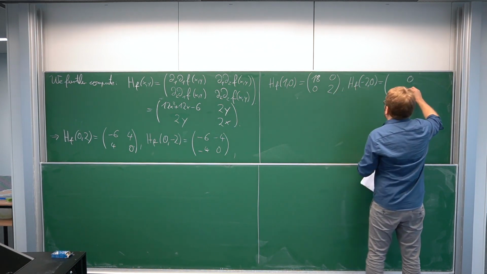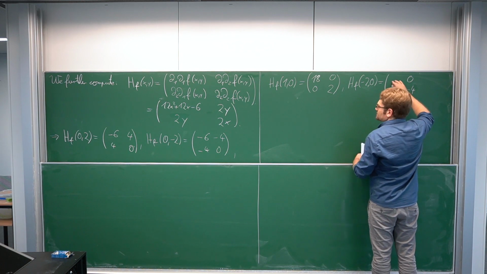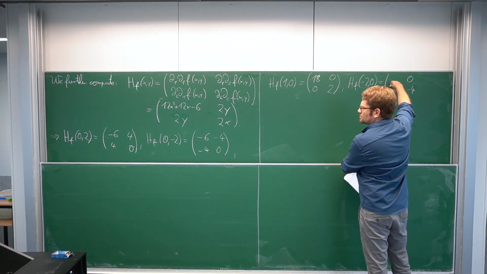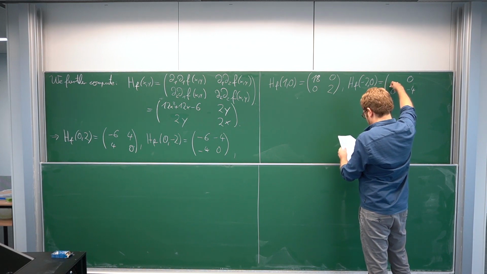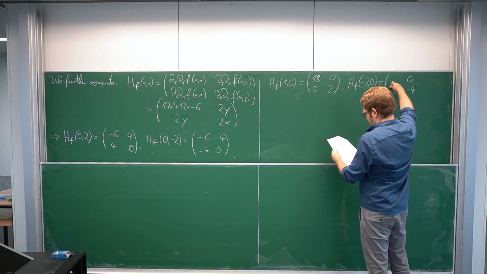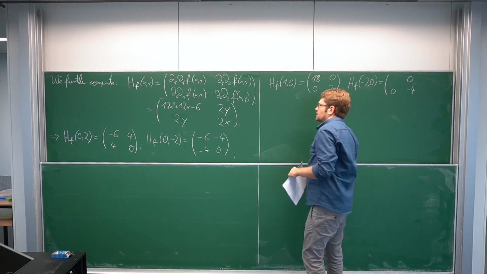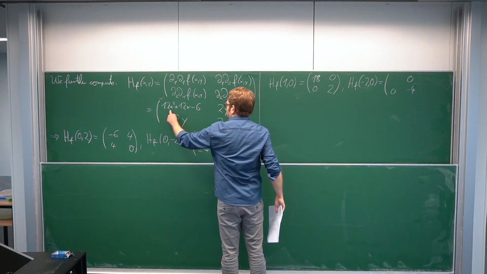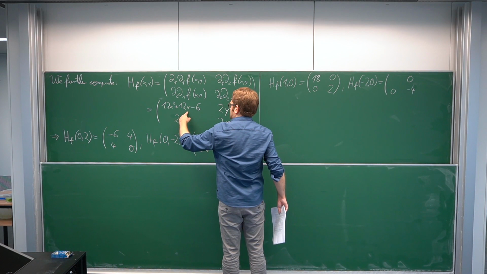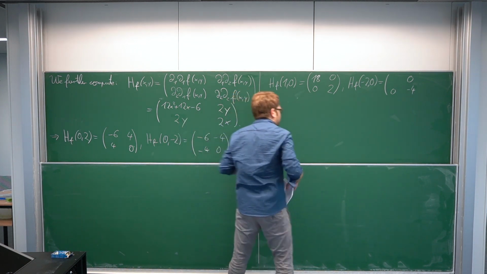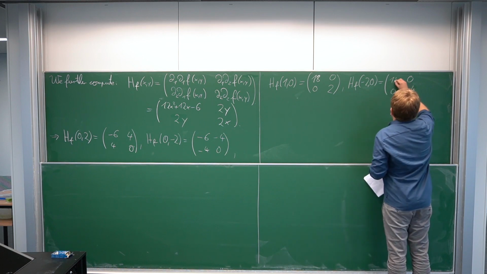So there we have minus 4, and here, wait, what did I just compute? Yes, this is 18 as well, I think. This is 24 minus 6, which is 18. Yeah, sorry about that.